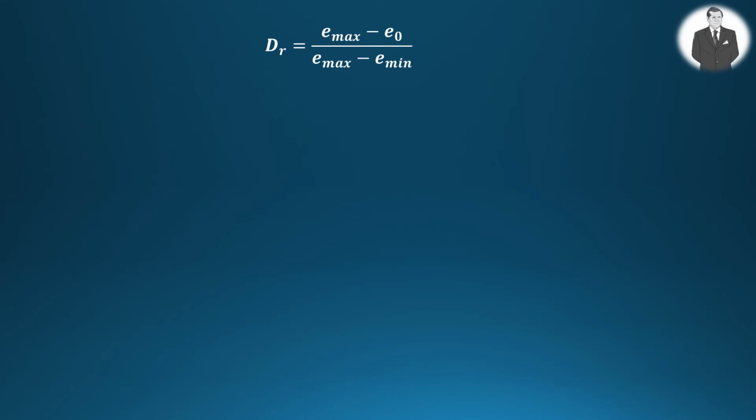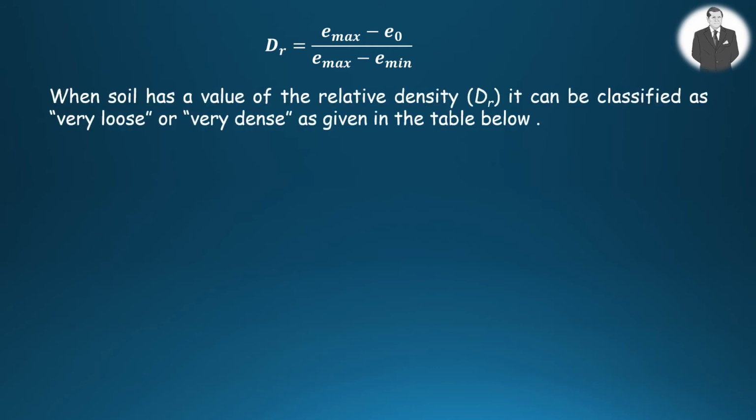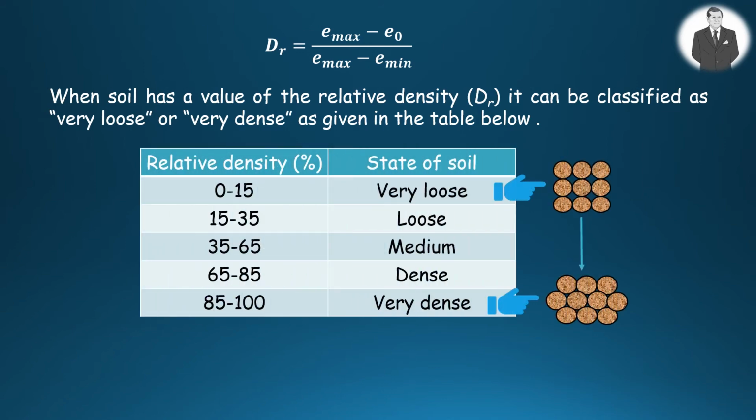Here you are, the relative density is given in terms of void ratios explained just before. When soil has a value of the relative density, it can be classified as very loose or very dense, as shown in the table here.